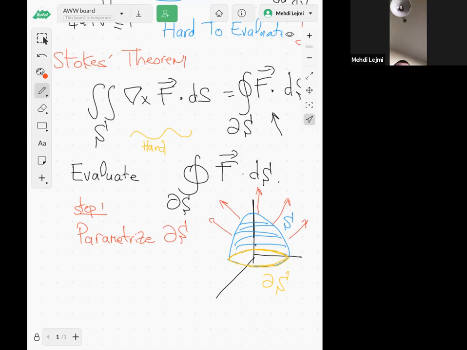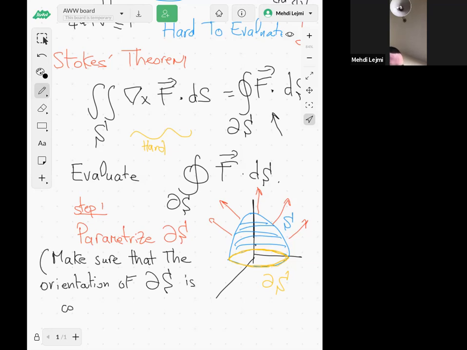So make sure, because you're using Stokes' theorem, that the orientation of the boundary is consistent with the orientation of S.